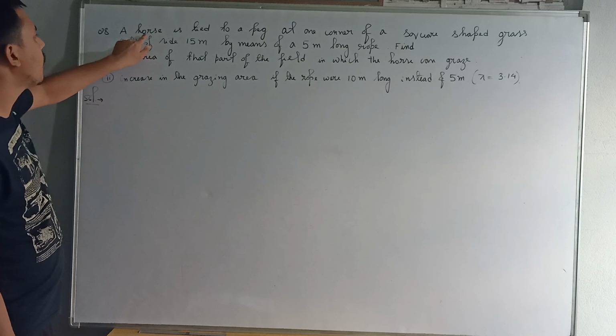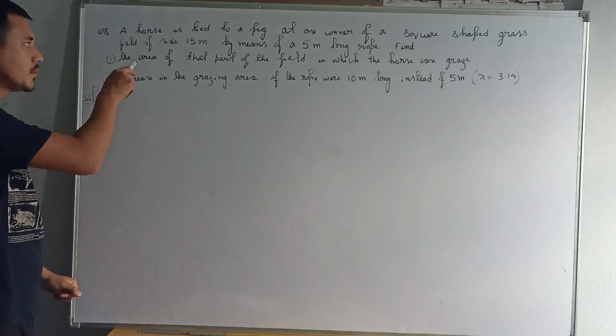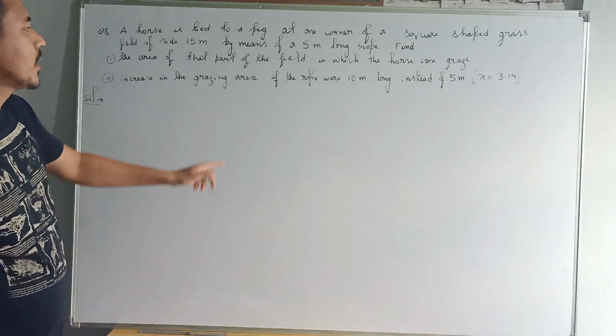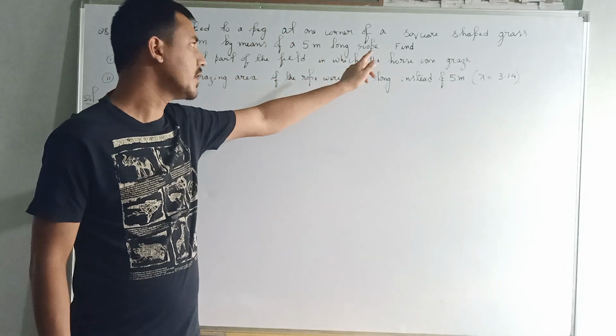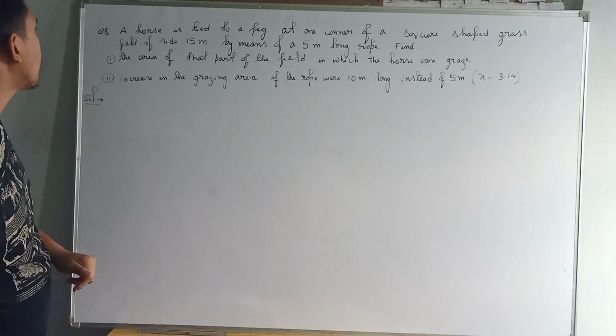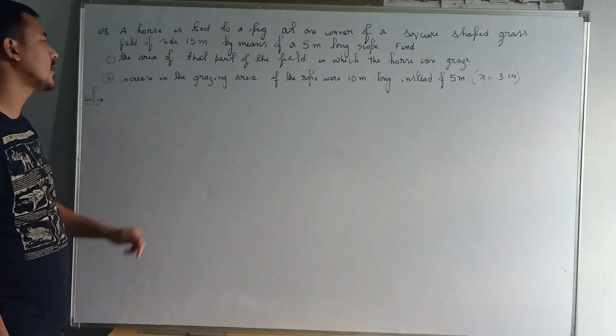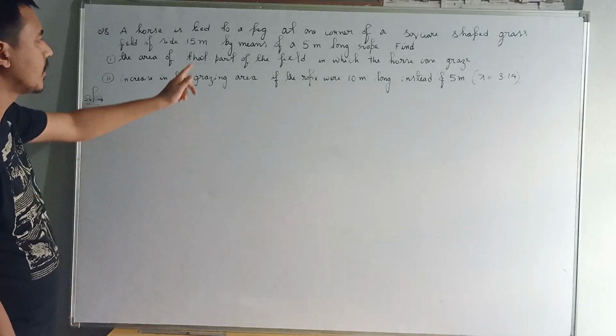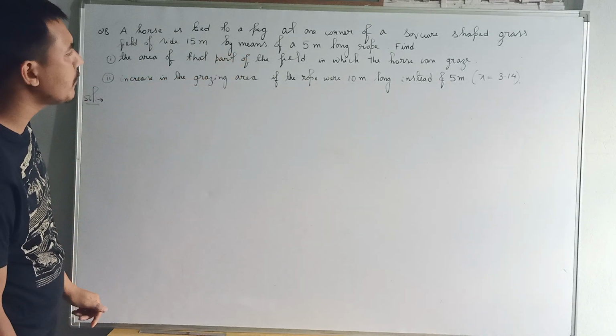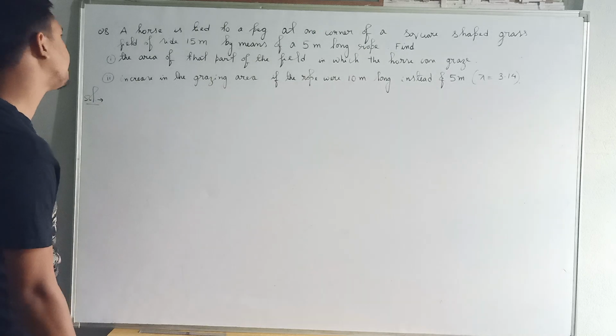A horse is tied to a peg at one corner of a square-shaped grass field of side 15 meter by means of a 5 meter long rope.